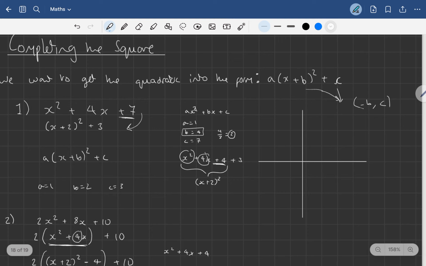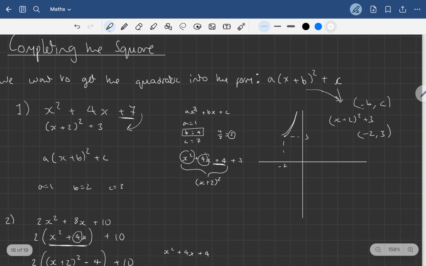This means that if we take (x plus 2) squared plus 3, the starting point would be negative 2, comma 3. Okay? So negative 2 and 3, where one block is 1 unit. Negative 2, 3, so the curve would look something like that.